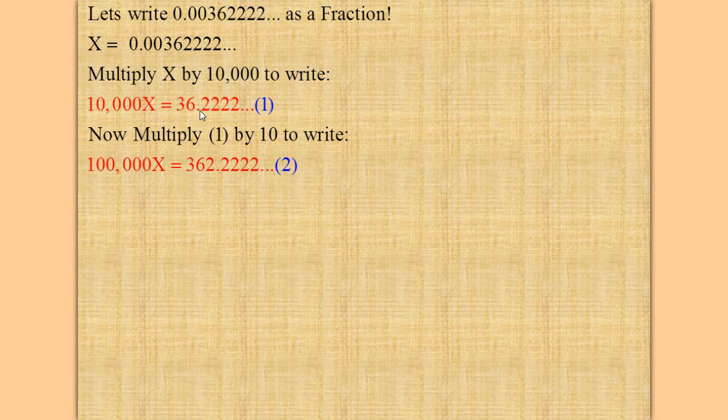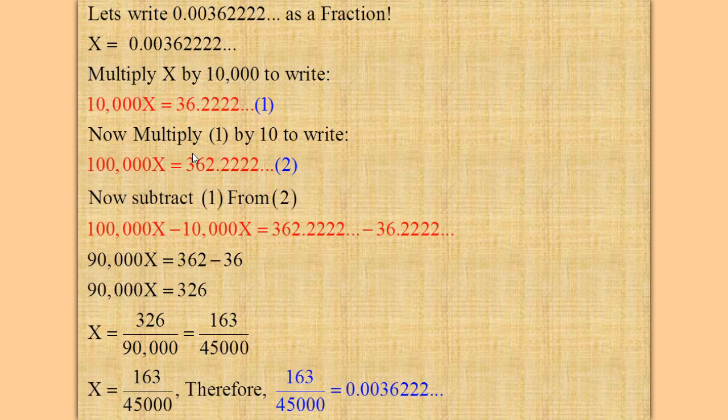Okay. Now, since we've gotten to the repeating part, we can't subtract x from that because x starts with 0036. So we got to multiply equation 1 by 10 again. We get 10 times 10,000 is 100,000x equals 362.222. Now subtract equation 2 from equation 1. And that gives us 100,000x minus 10,000x equals 362.222 minus 36.222.